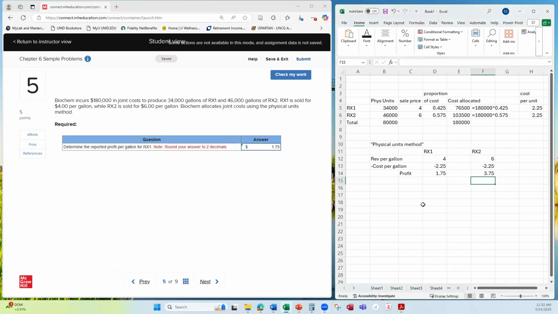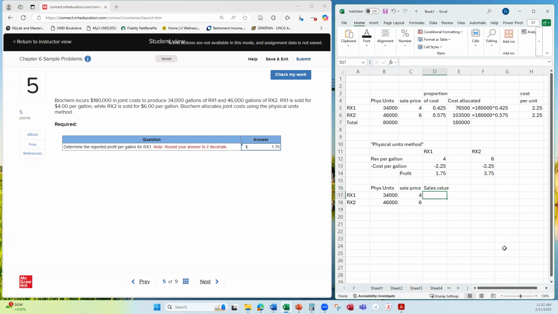So I don't have a sample problem that's based on the sales value split off. So I'm going to walk through it really quick here using this existing problem number 5 that we looked at. You do it very similarly to the physical units method, only instead of doing it based on physical units, you say, hey, what is the sales value?